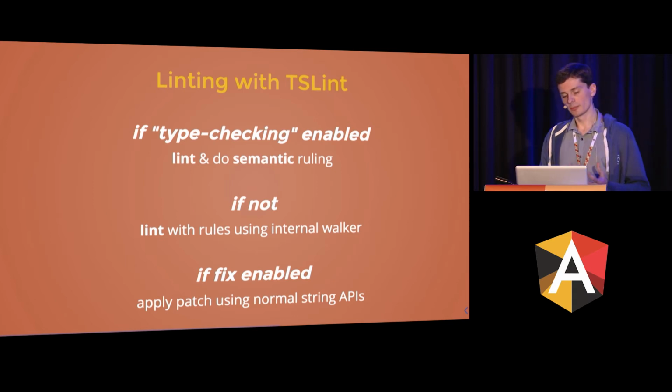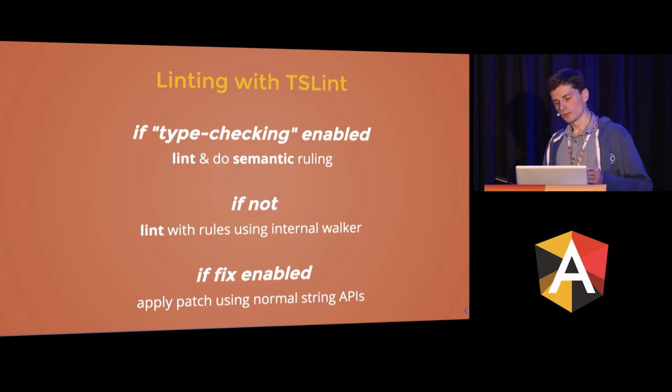If you don't enable this option, it will just lint your code by parsing the AST of your files using an internal worker and internal APIs of the TypeScript compiler. And if you want, you can enable an option to fix your code directly, and TSLint will try to apply patches to your AST directly.